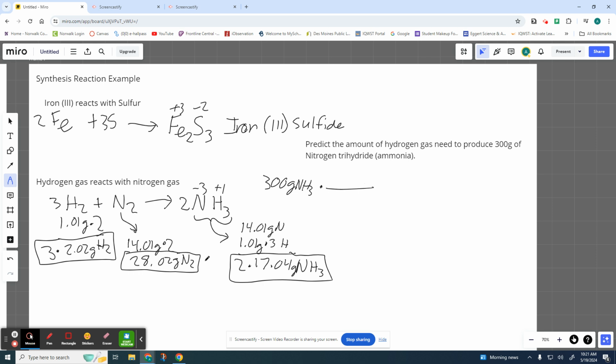Now I need to use the package masses with coefficients as needed to cancel out the grams of ammonia to get back to the hydrogen. So I know from the reaction that I need 2 servings of this 17.04 grams of ammonia. So you need to follow the equation, or follow that recipe.